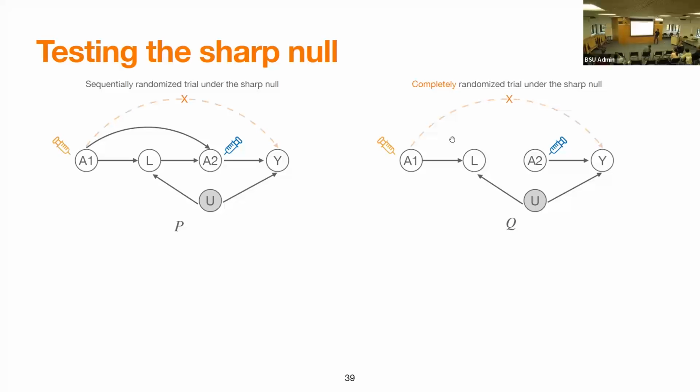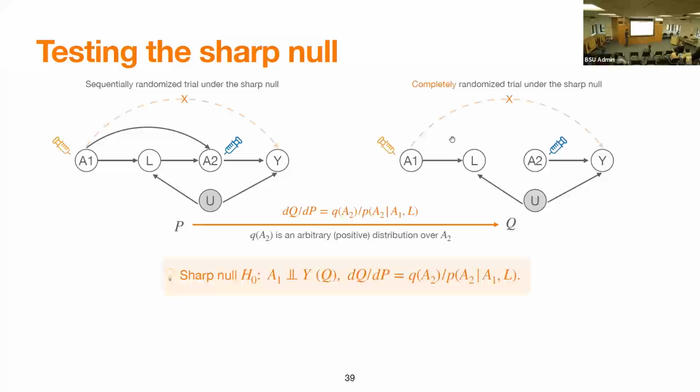You may say we didn't run this trial, but you can retarget your current trial to this idealized trial through IPW weighting by this particular weight. So the null hypothesis of no direct effect can be formulated on a different distribution Q as an independence, where Q is related to P by a density ratio.